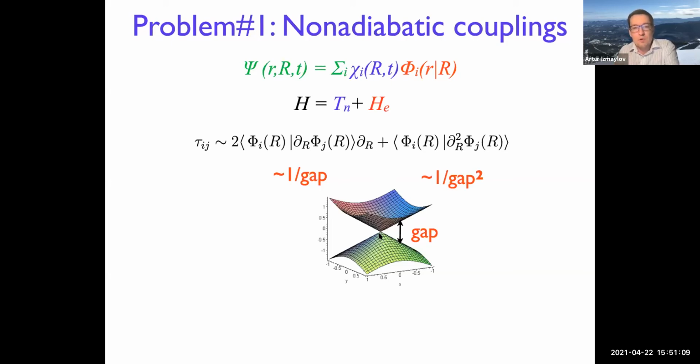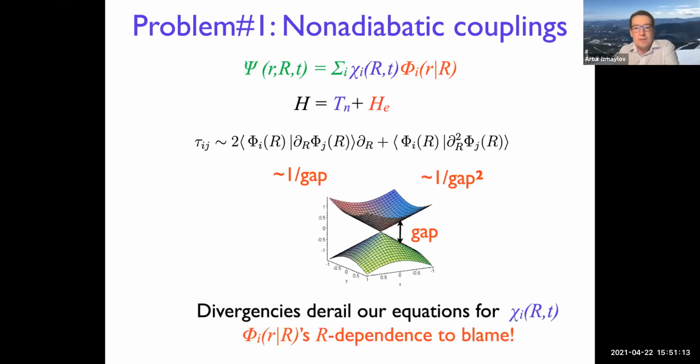Naturally, when you come close to a conical intersection, there are divergences in those terms. And these divergences create problems for the differential equations that you can formulate on the nuclear part of your wave function.